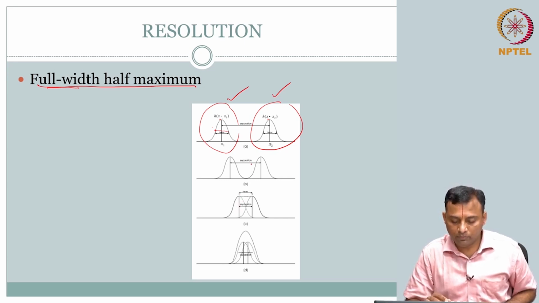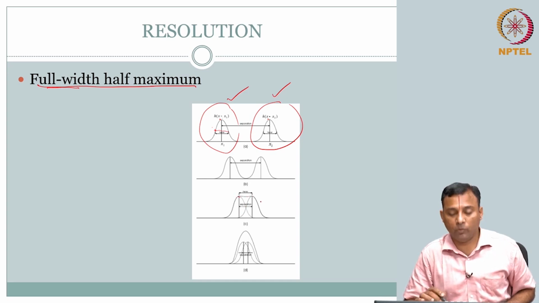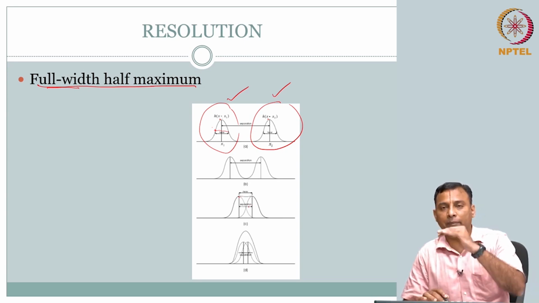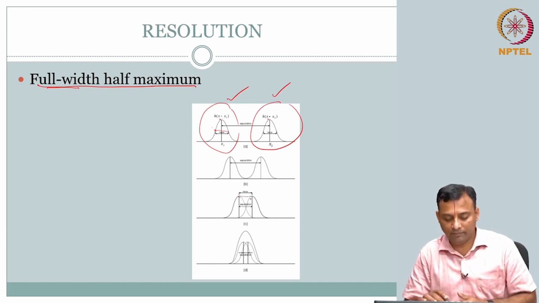So, when you come just close enough to your full width at half maximum, you will see that this will try to go down, this is trying to come up. So, both will start to add up. So, you will have subtle, right, two hills. You won't see the two hills, it will be kind of one fat shallow hill, I mean obtuse hill.